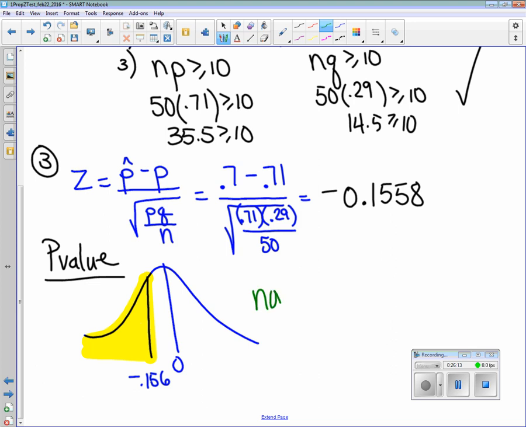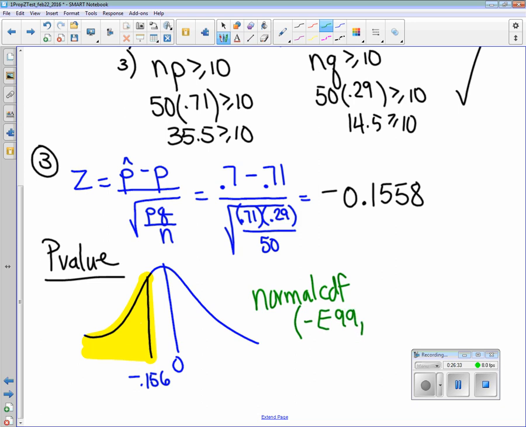Normal CDF. What's my lower bound? Some negative number far off to the left. Negative E99. Since it's z-scores, negative 10 is probably enough.